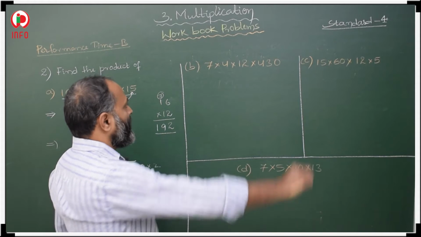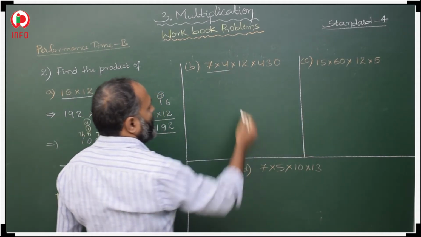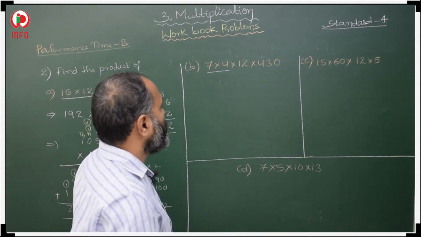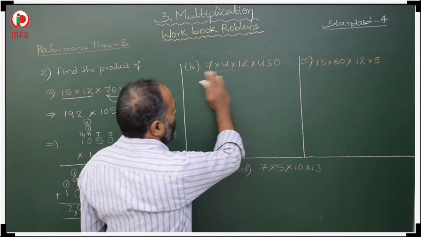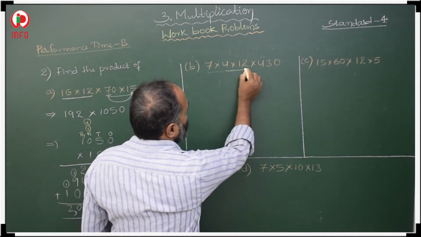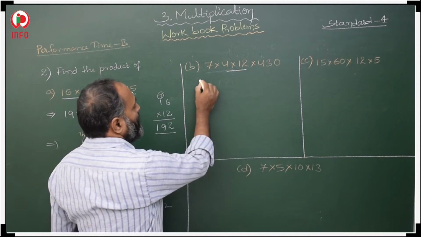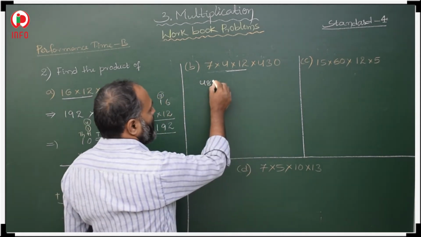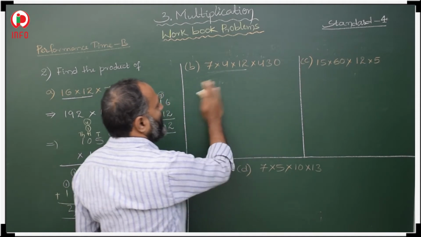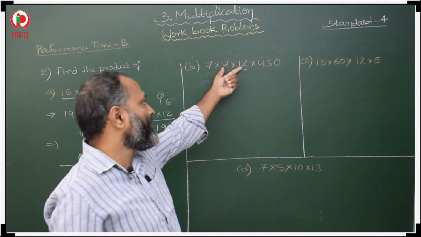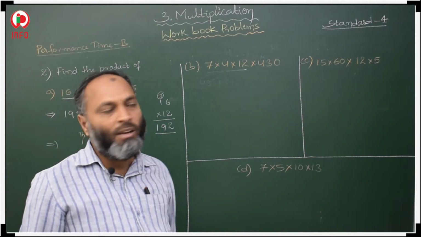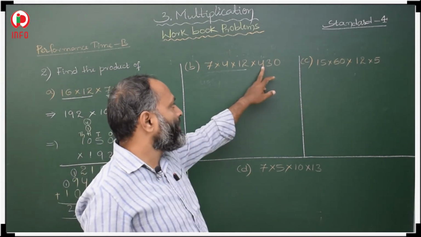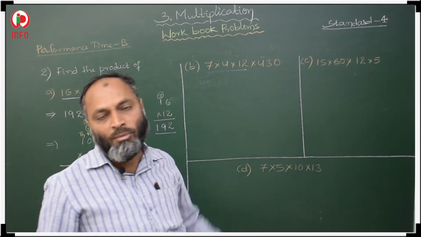Now again, in the simplest way we have to think and write. 7 4s are, or otherwise you do one thing, 12 4s are 48. If you want to do it directly, 12 4s are 48 is also a big number. 48 and 7 with 430, again it is a big number only.